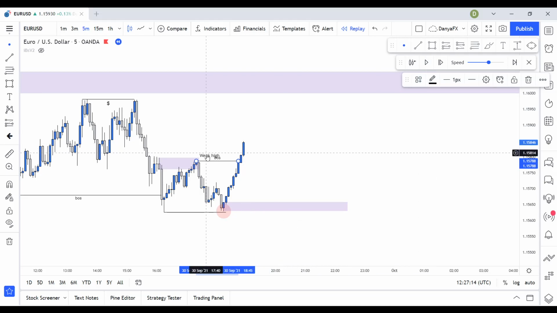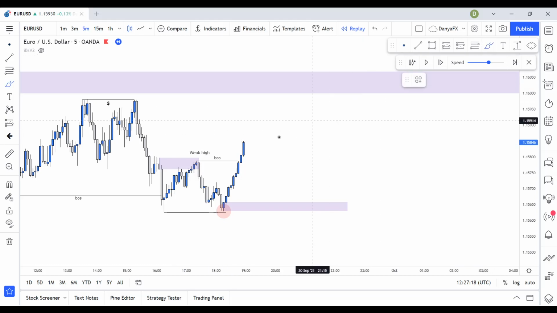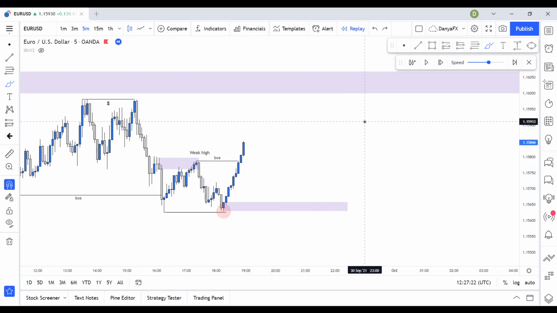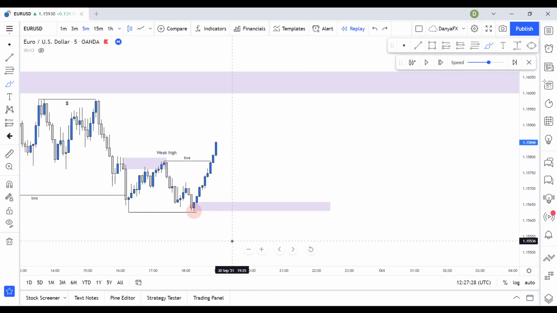And now we are waiting for the price to come into this zone and then go higher. We can sell into this zone, but I didn't really do that because the time is 7 p.m. plus. It's not really my trading time.